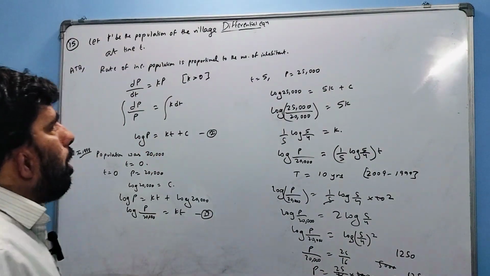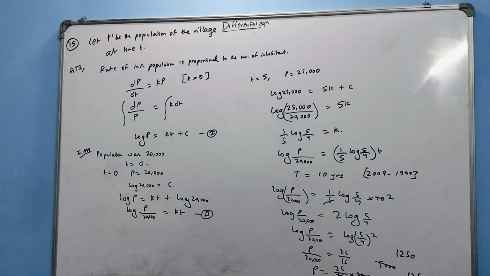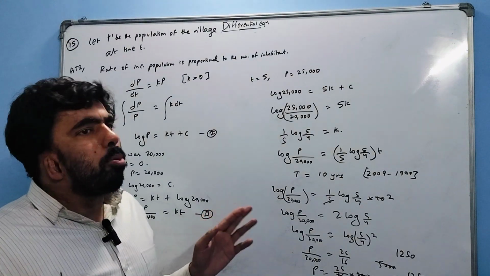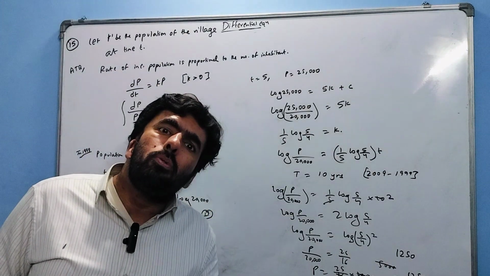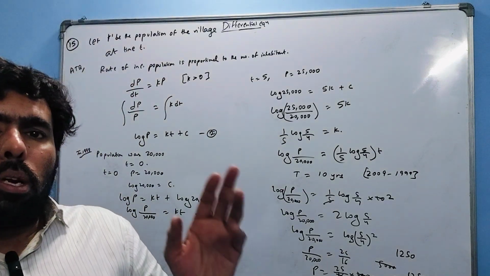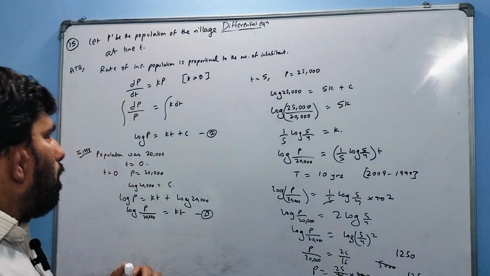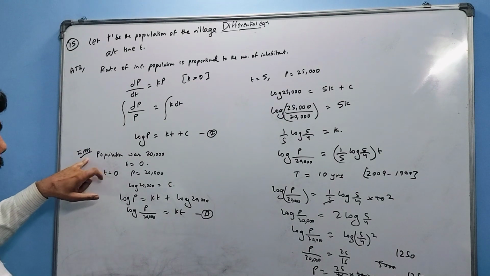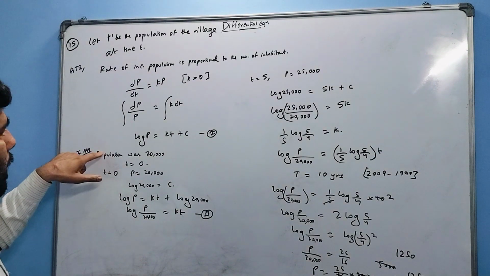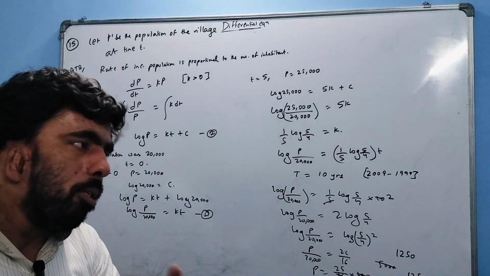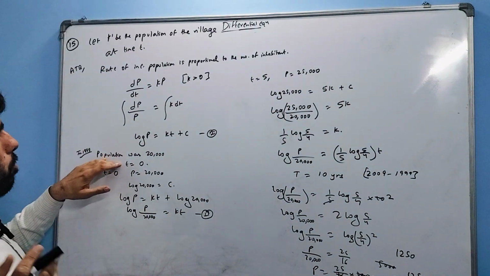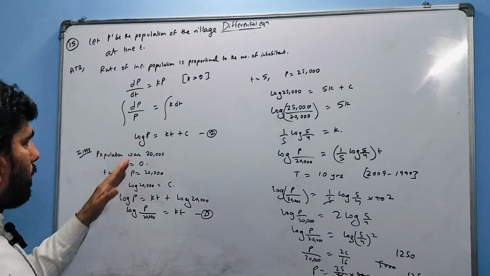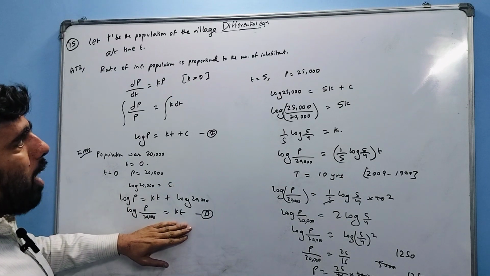But they have asked about the increase from 1999 to 2004, and after that from 2004 to 2009. So we have taken different conditions here. First, in 1999 they have given the population as 20,000, so we have taken that time as t is equal to 0. We put this value in this, and I got this. And after that, in 2004, that is after 5 years, the population was 25,000.